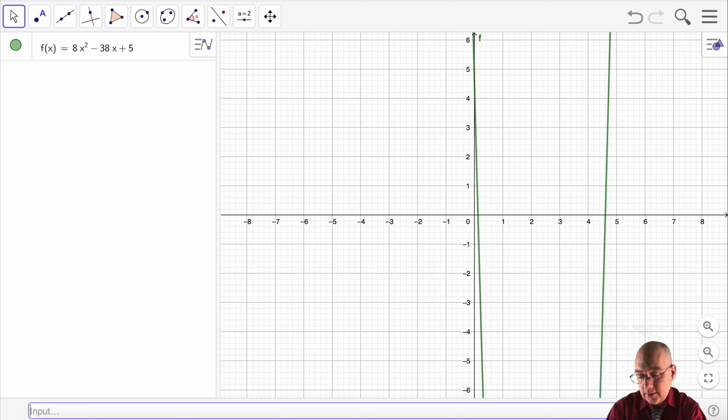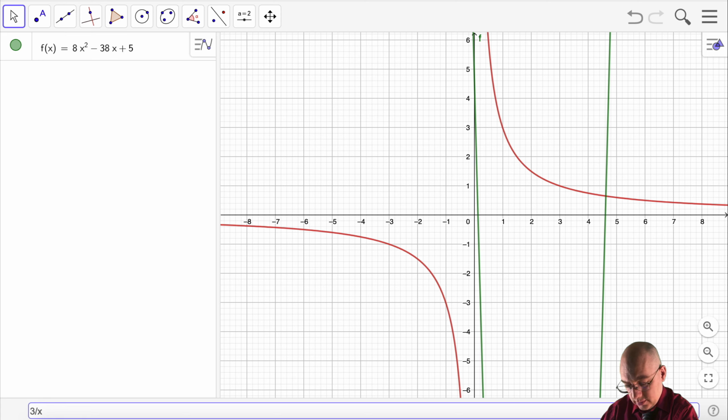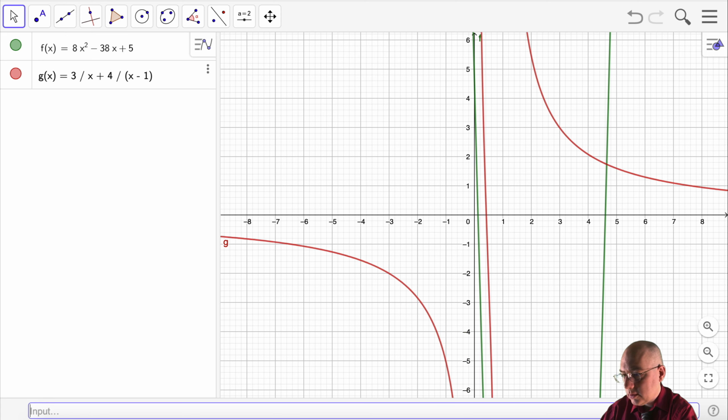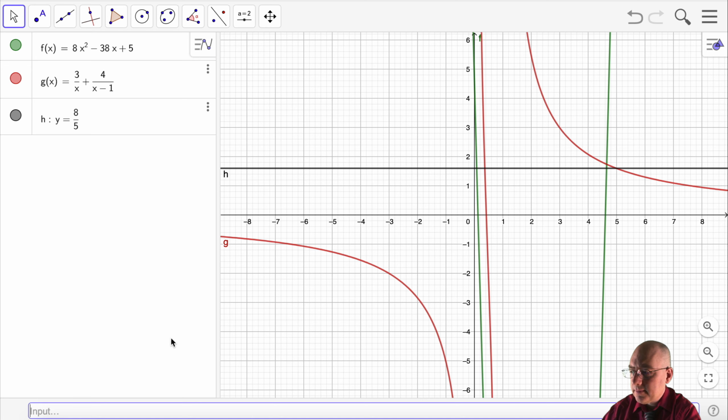Multiplied by 5, 15x minus 5. 4x times 5 is 20x. Then 8x squared minus 8x. And 3 over x plus 4 over x minus 1. Do that, and I can graph y equals 8/5.